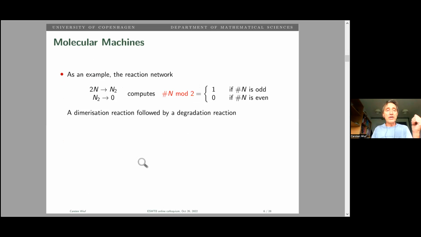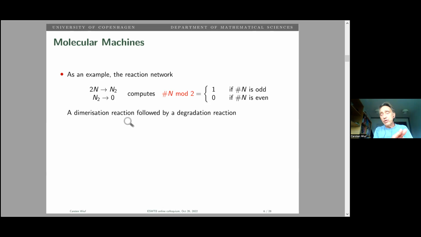Just to give you one example, I have put one here. There is one species, N, and it says that 2 molecules of N form a dimer, becoming 1 molecule, and the dimer might degrade. That's the reaction network, and I claim that it actually computes the function N mod 2. Why is that?